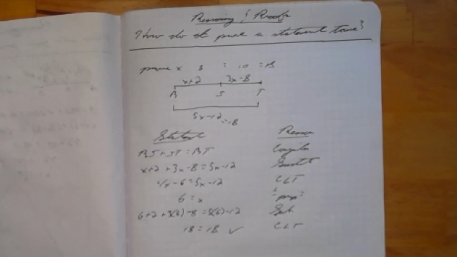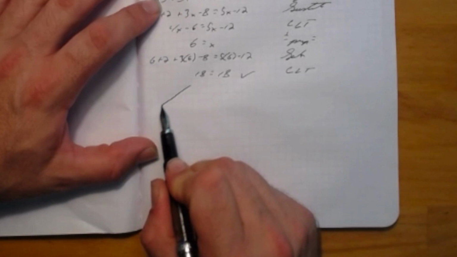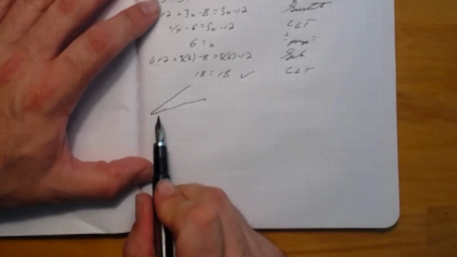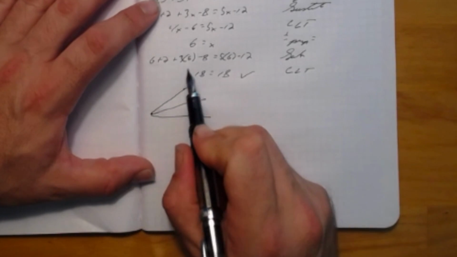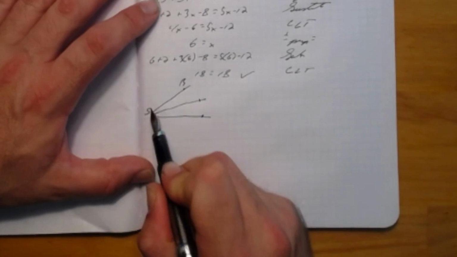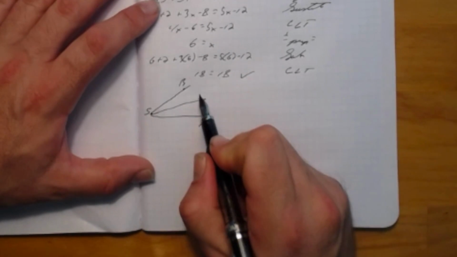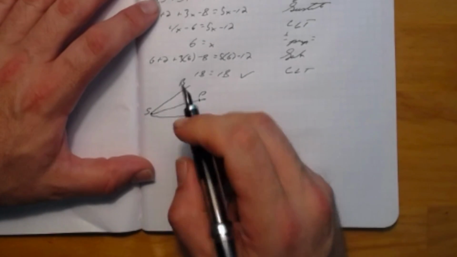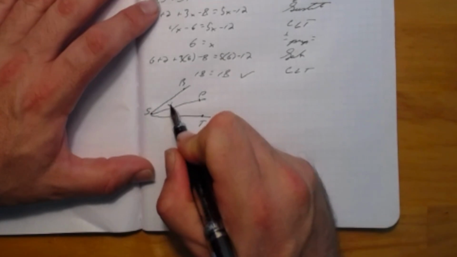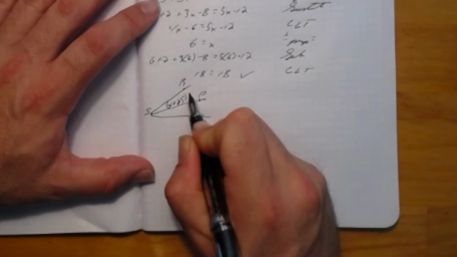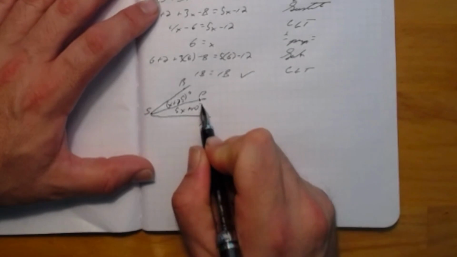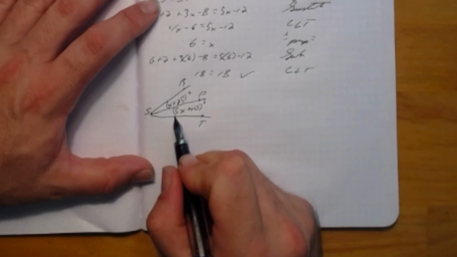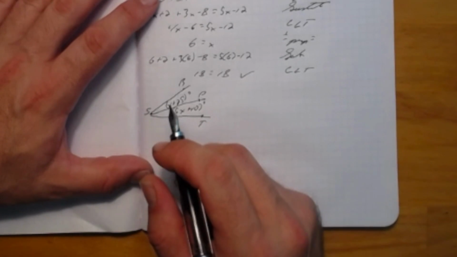But what about angles? If I did something very similar with angles, if I had an angle and I label all of my points R, S, T, and a P in the middle, if my interior angle here is worth x plus 25 degrees and my other angle is 5x plus 10 degrees, but the whole angle, what is the whole angle going to be worth?